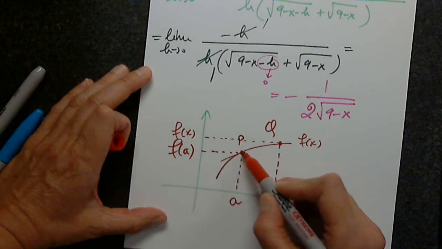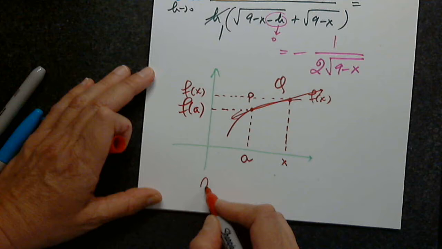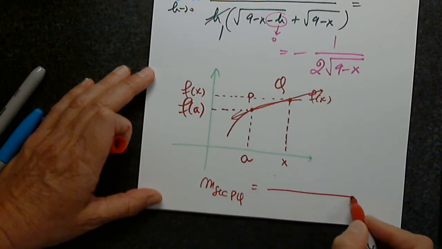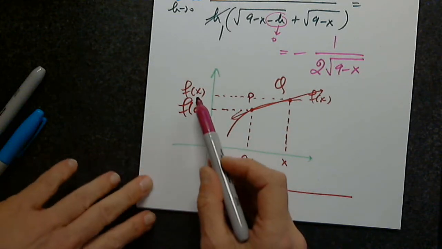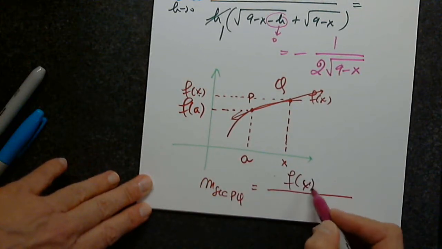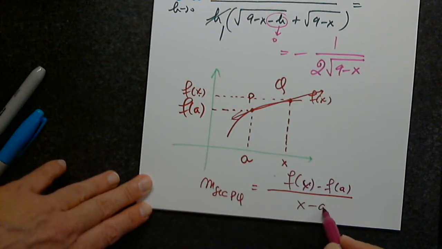Like before, we're going to draw the secant line. Like before, I'm going to ask you what is the slope of the secant line PQ. And you're going to say, yes. Very good. Over. Very good.